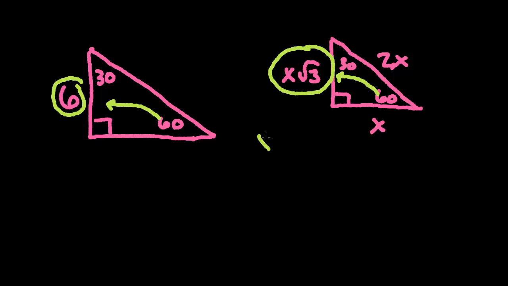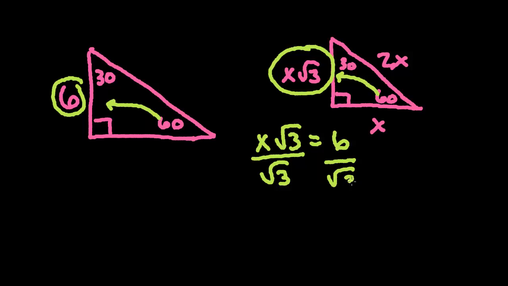So I'm going to set those two things equal to each other. X square root 3 is equal to 6. And now I need to solve for x. So I'm going to divide by square root 3, divide by square root 3, those cross off. But now I have a square root in my denominator and I'm not allowed. So I'm going to rationalize the denominator by multiplying by square root 3 over square root 3.